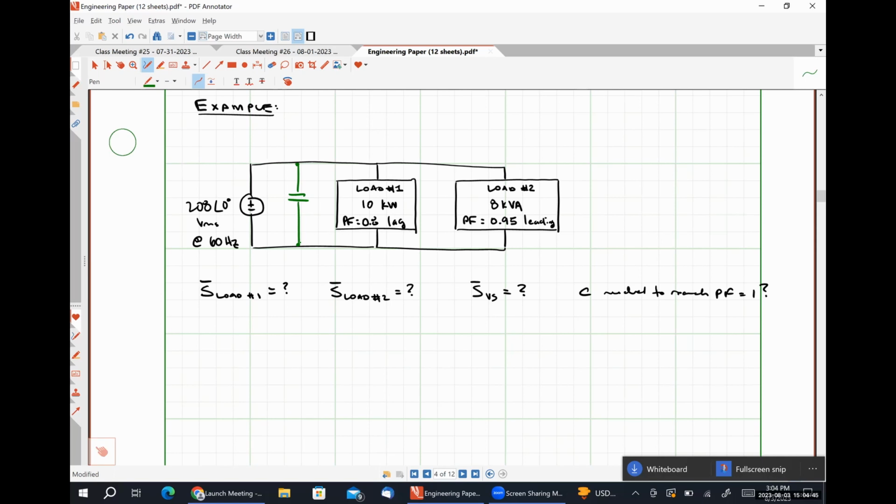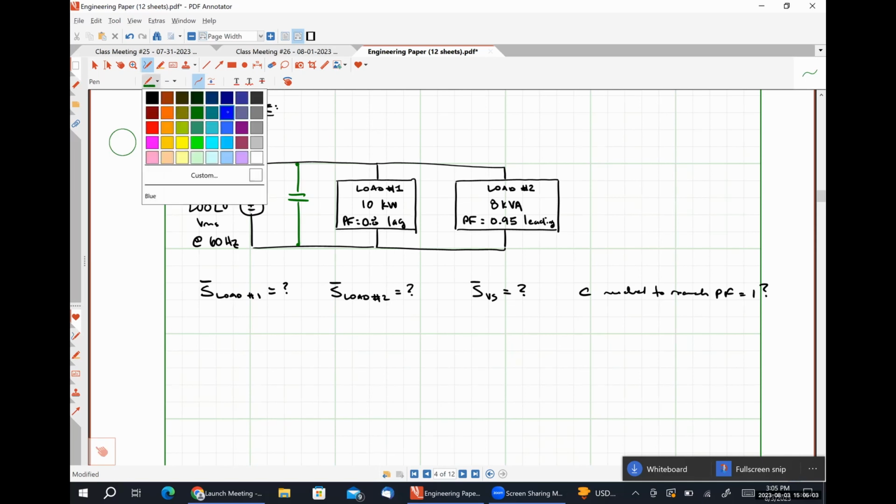Okay. So we're not really doing circuit analysis when we're looking at this. We're simply manipulating our complex power relationships in order to get the information that we need. Okay.